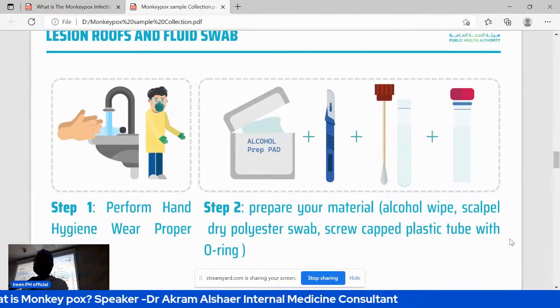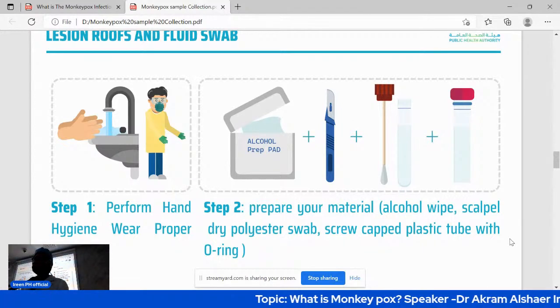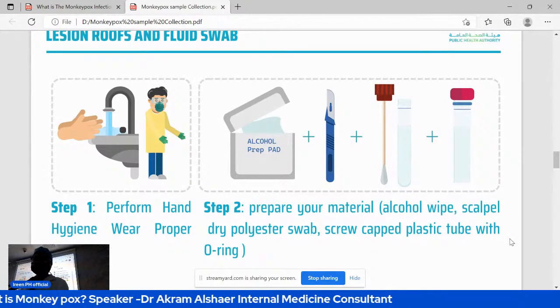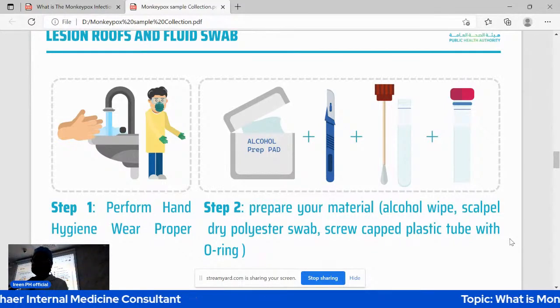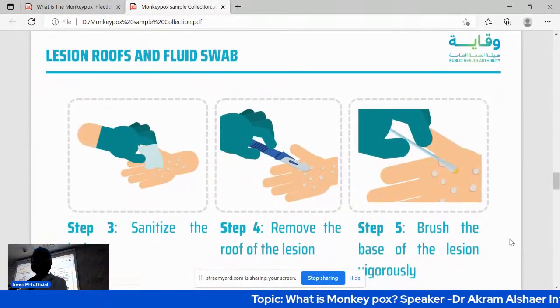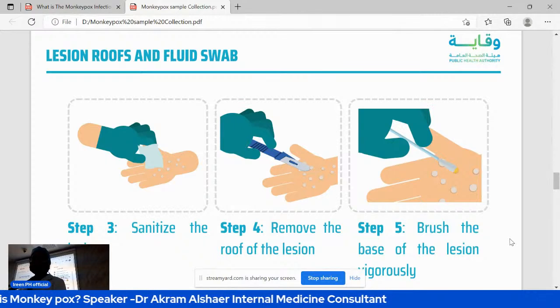Lesion roof and fluid swab. Step 1, perform hand hygiene and wear your PPE. Same. Step 2, again, prepare your material: swab, screw-cap container, plastic tube. Step 3, sanitize the lesions.